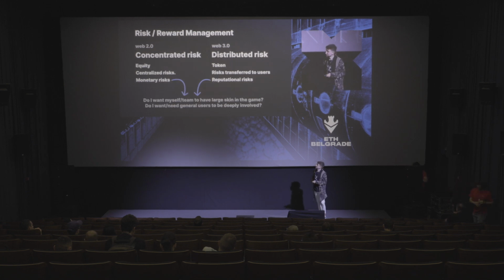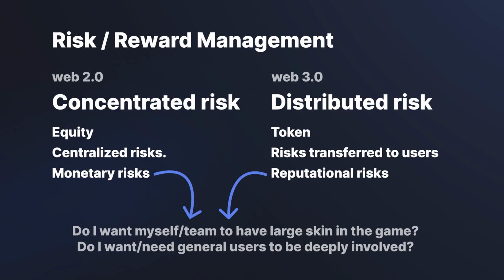Another one, I guess the last one, is risk management. In Web 3.0, we distribute risk with tokens and NFTs as well. The financial risks are transferred to users, but the reputational risks remain with you as a founder.